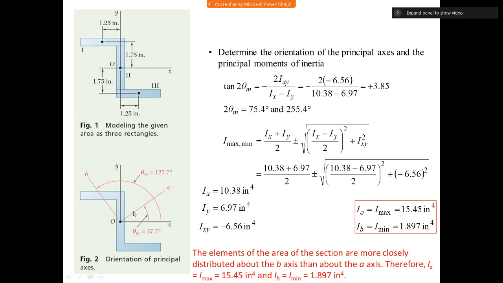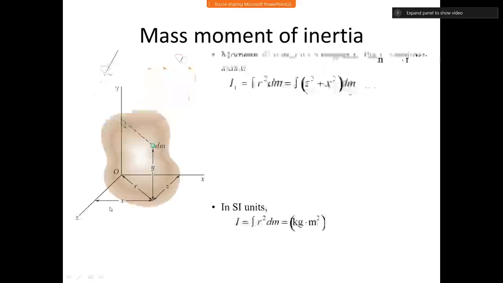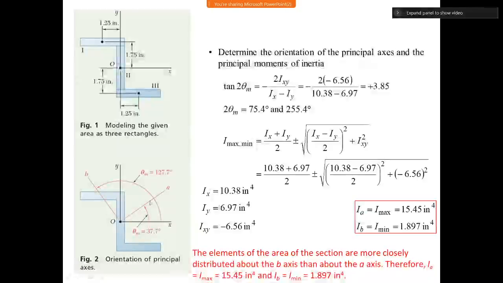The 90-degree rotation is your axis B, which is again obtained by the same equation. 255 divided by 2 is 127 degrees, and you can see about the B axis, the whole structure is very close to the B axis, and therefore your I is minimum.